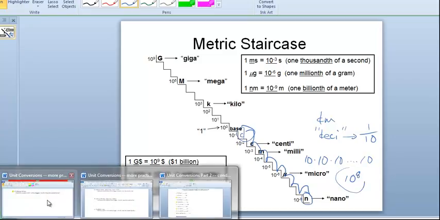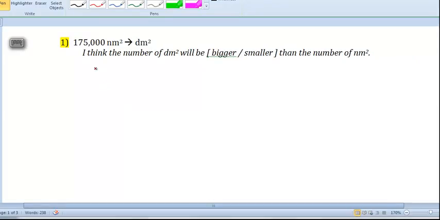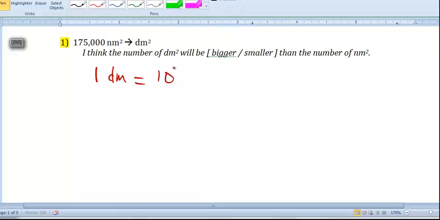So let's go back over to our problem. We've established that 1 decimeter equals 10 to the 8th nanometers.